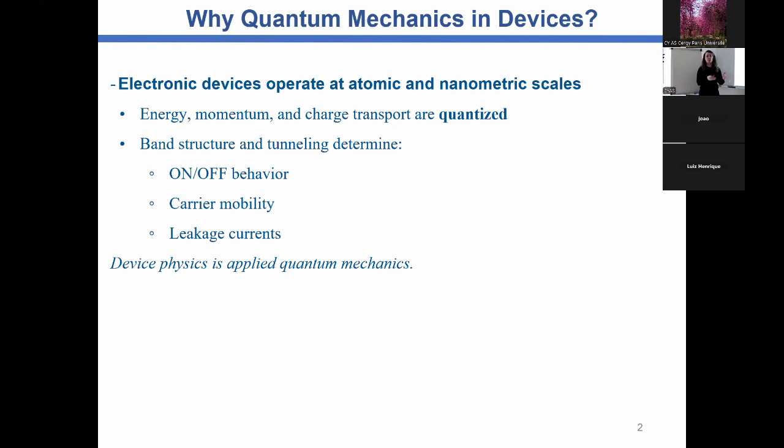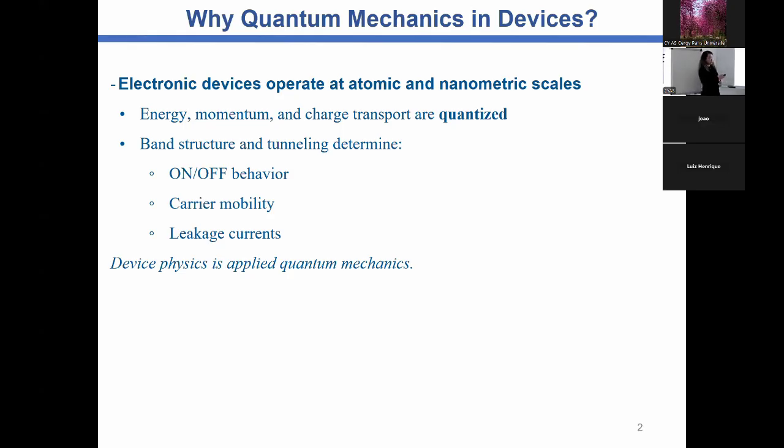And when we go to the atomic scale, we have a difference in the physics. This physics is not ruled by classical physics, but by quantum mechanical laws.